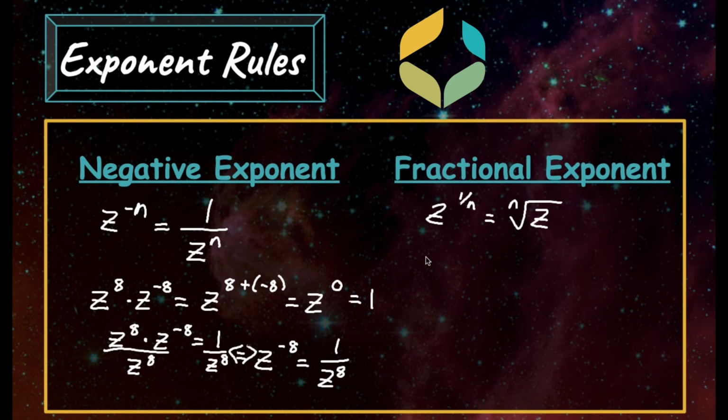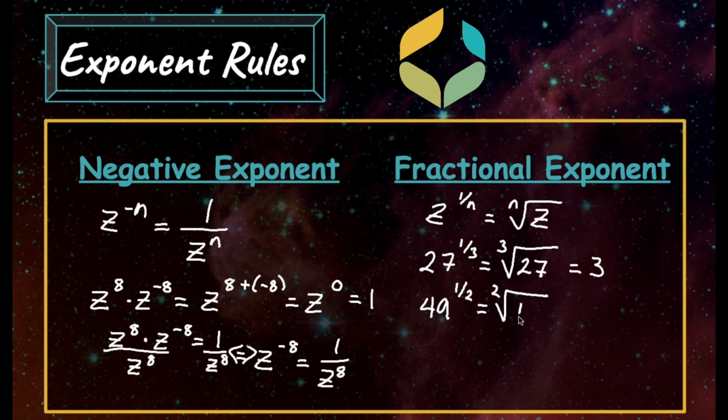If we had 27 raised to the power of 1 over 3, this would be the same as the cube root of 27, which we know is 3. If we have 49 raised to the half power, this would be the square root of 49, which we know is 7.